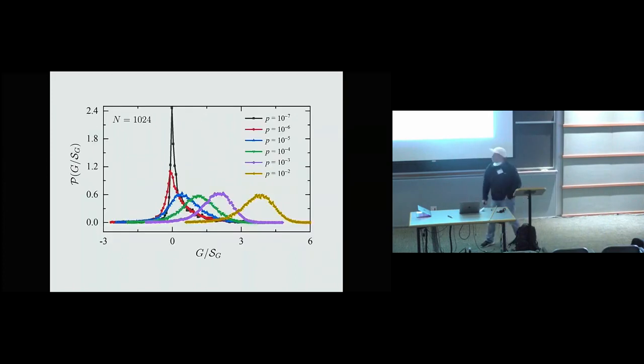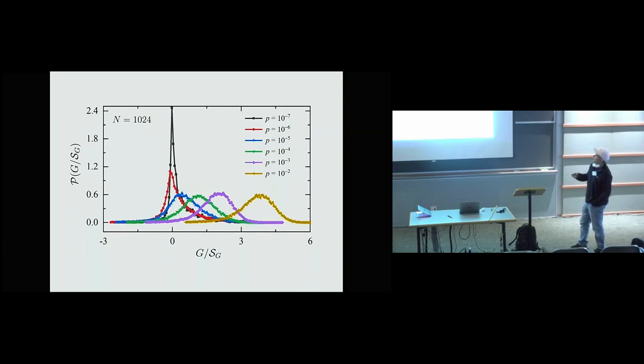The other thing that's cool, and I would say this is part of the key, this is what I want to calculate theoretically. This is the probability that you get a particular shear modulus. If I could calculate that theoretically, I'd be in really good business. I'm normalizing these shear moduli by the standard deviation. That's what this SG means. What you see is some interesting evolution of the distributions with pressure.